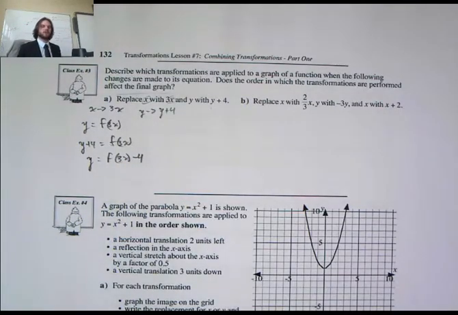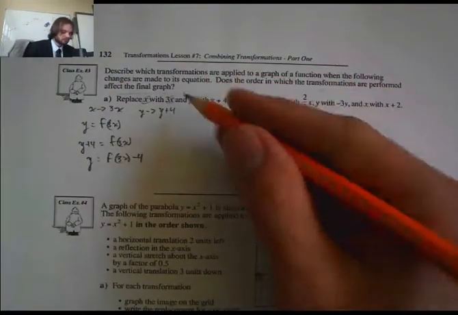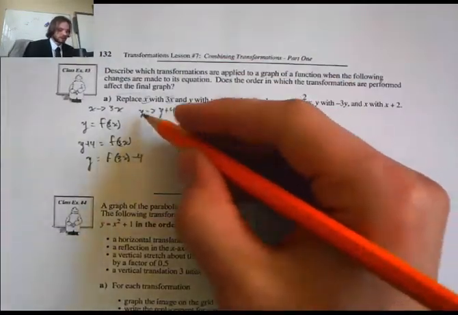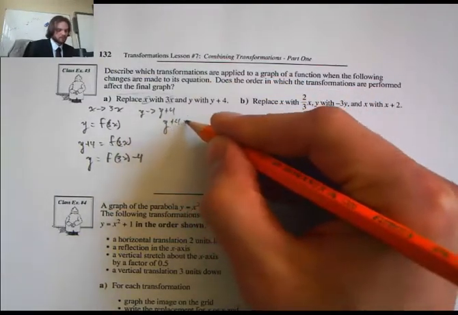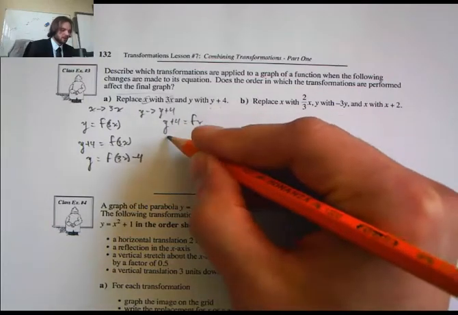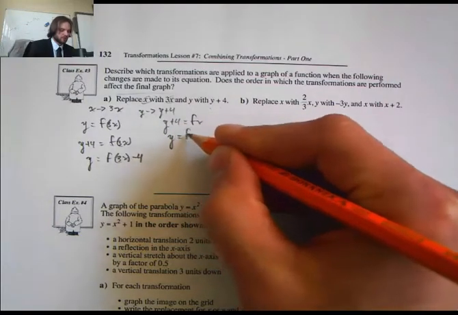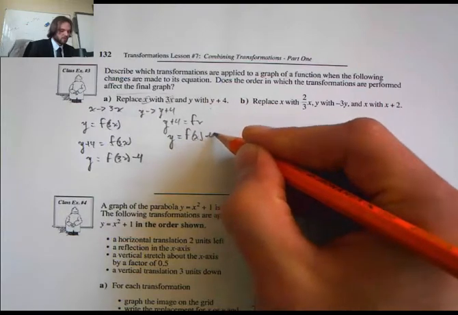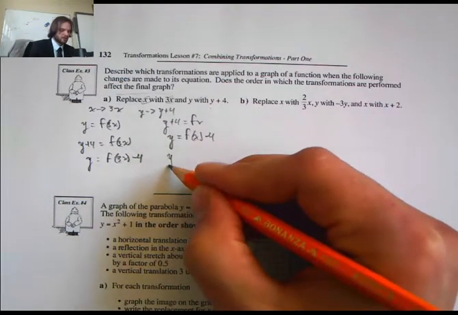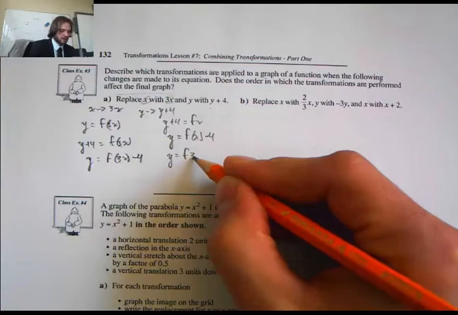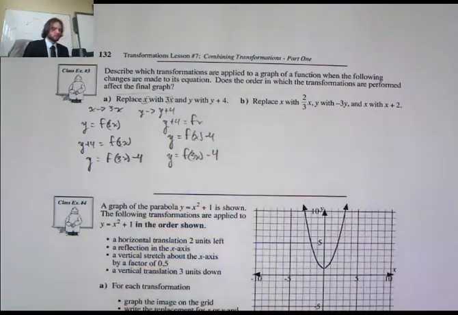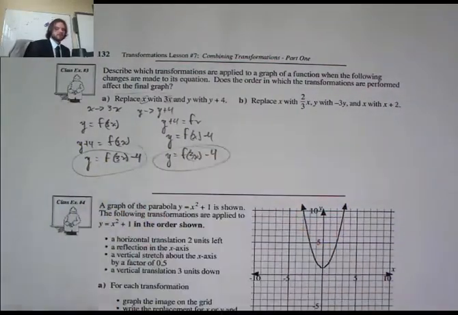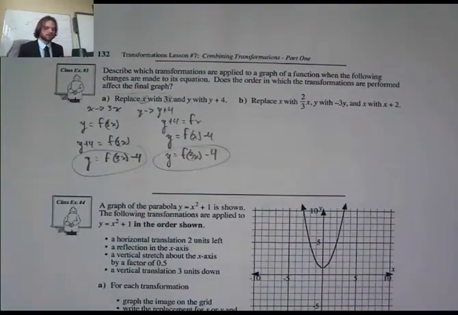Well, let's see if we did it the other way first. So if I did it the other way first, we would have y plus 4 is equal to f of x, and then I get y is equal to f of x, subtract 4. Now we do the second one. y is equal to f of 3x, and then we have to subtract 4. So in this case, it doesn't change. It doesn't matter which one we did first. Sometimes it will. Maybe this next one will.